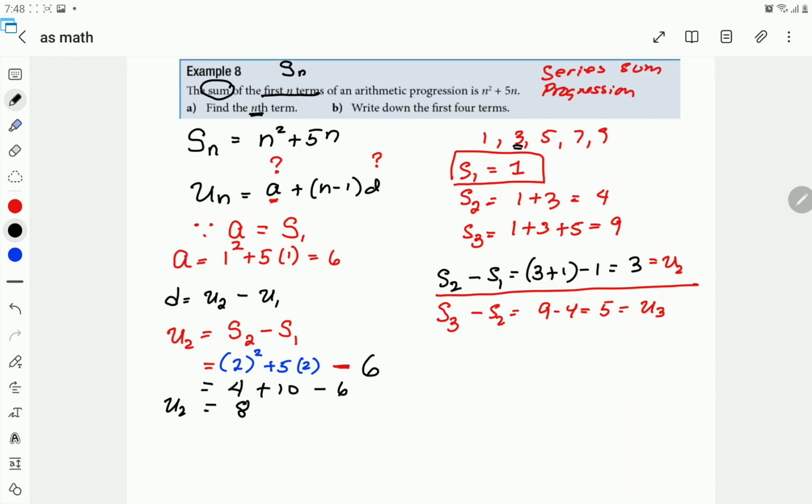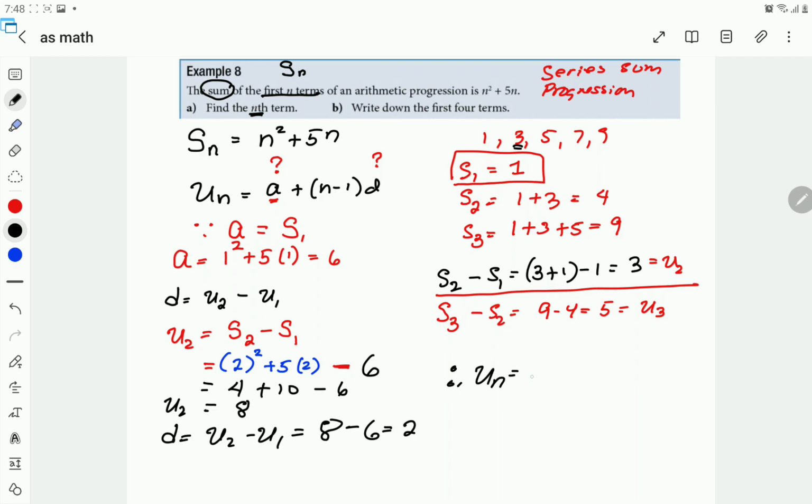We're looking for d. So d is equal to u sub 2 minus u sub 1, which is equal to 8 minus 6, which is equal to 2. So what is now our u sub n?